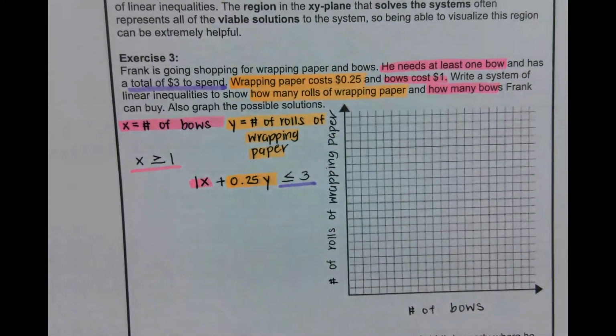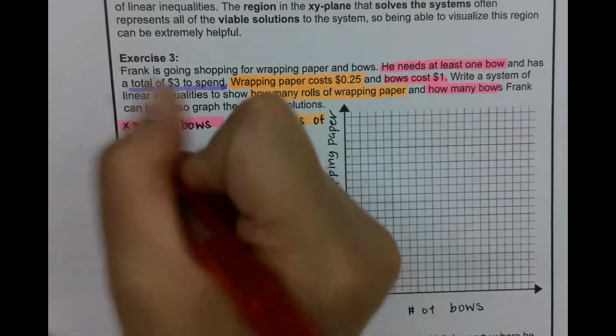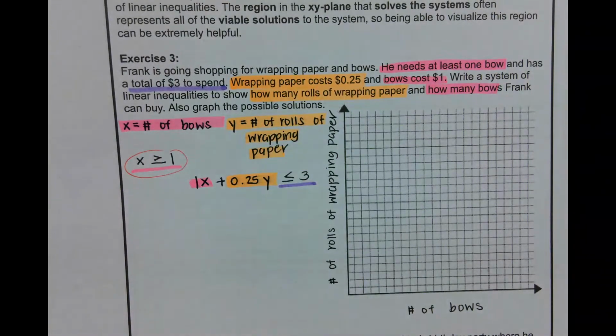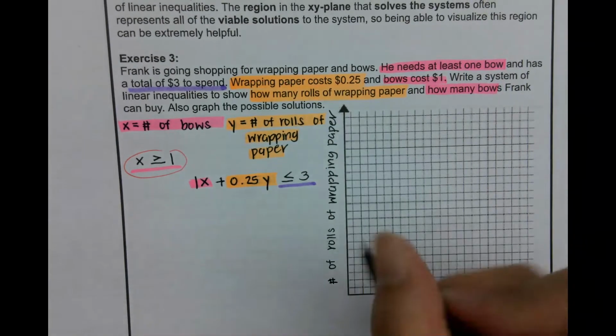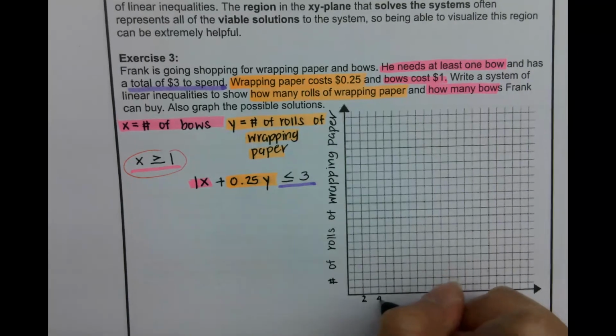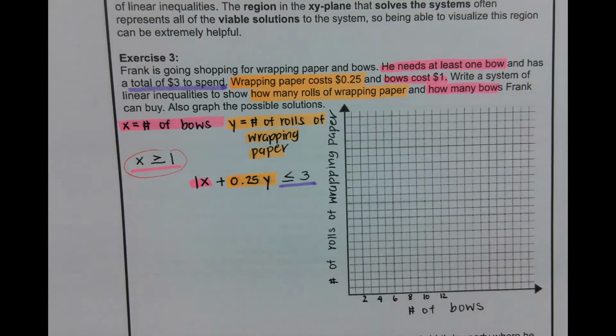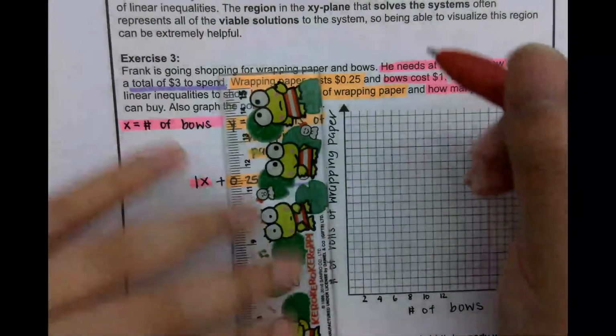And so let's get graphing. I'm going to graph this in red. X greater than or equal to 1. So make this 2, 4, 6, 8, 10, 12, etc., right? Here, X is greater than or equal to 1.